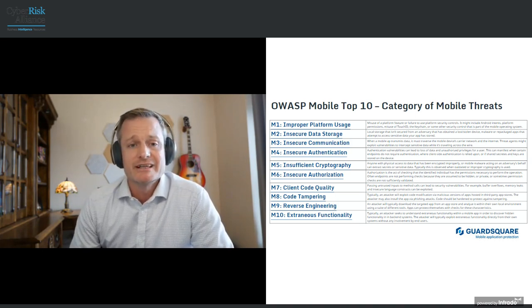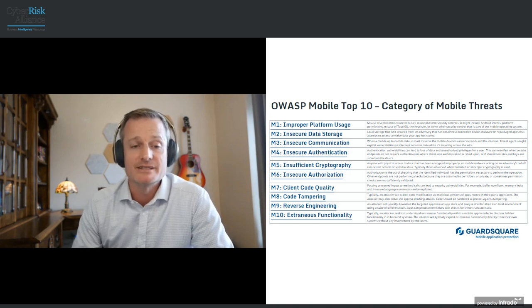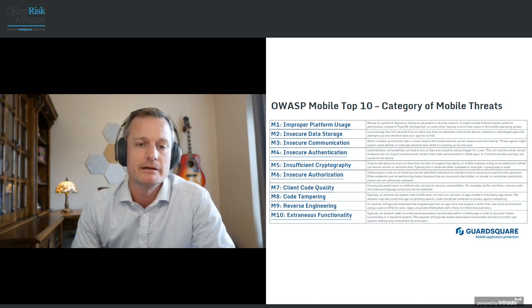And reverse engineering goes hand in hand with code tampering. Reverse engineering is all about the tools used to analyze and understand an application. It can be a problem in and of itself, but it can also be a way to gather all the information needed to then implement the code tampering that we talked about.